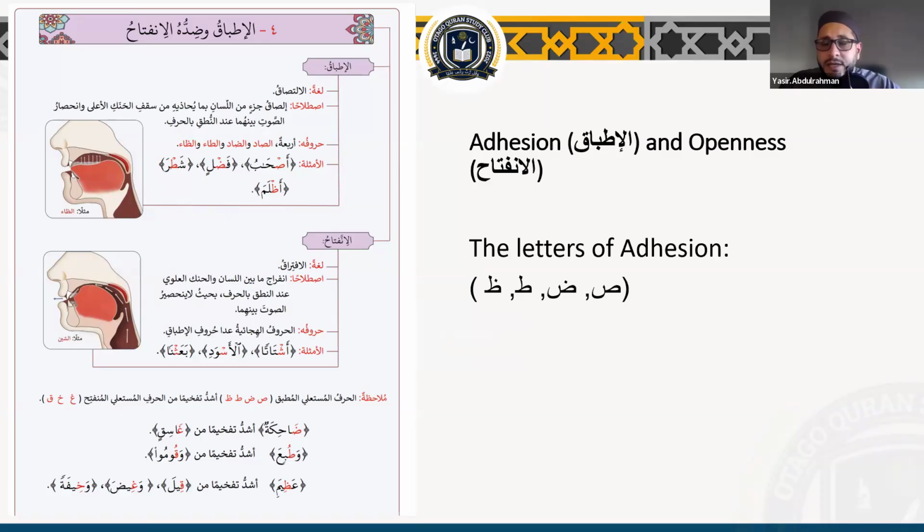So what does that imply? It implies that these 4 letters have a higher level in terms of their tafkhim, right? That's why Imam al-Jazari said وحرف الاستعلاء فخم وخصص لطباق أقوى.